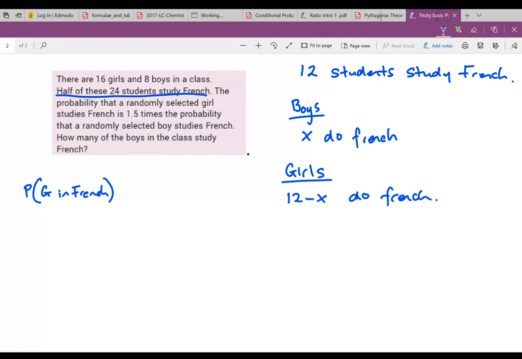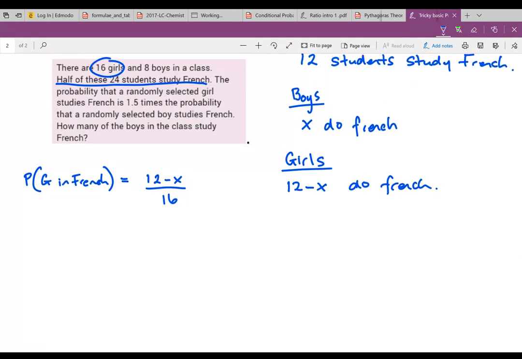So the probability of a girl in French: I know that there are 16 girls in total, and 12 minus x girls in French, so 12 minus x over 16.